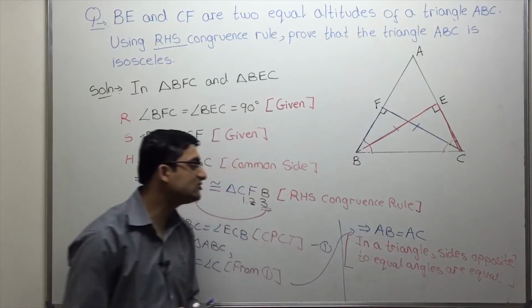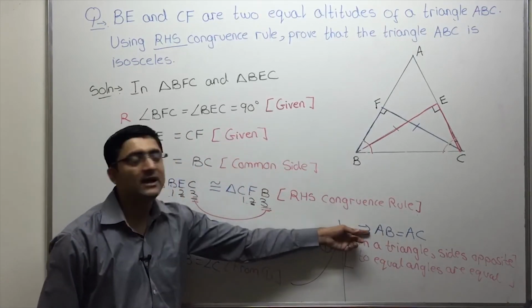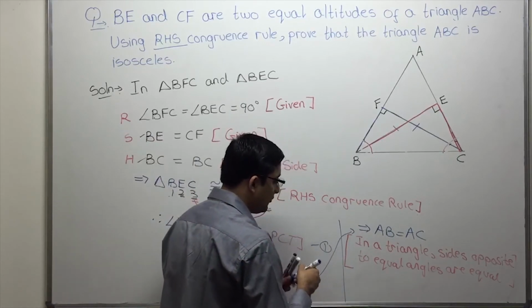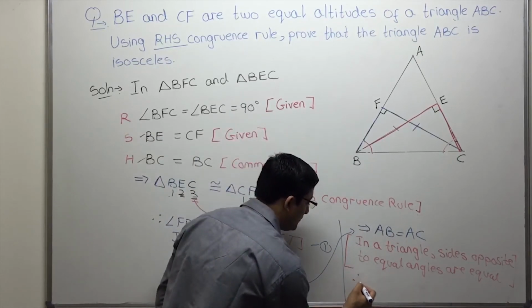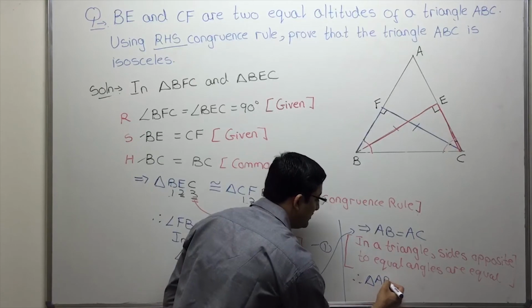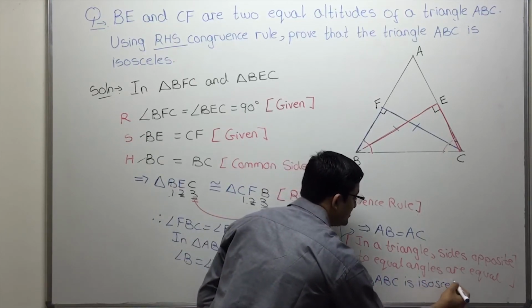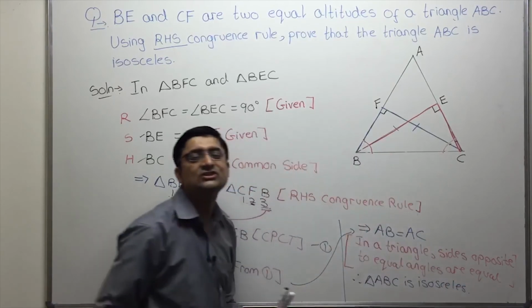In a triangle, sides opposite to equal angles are equal. This implies AB is equal to AC. That means the triangle is isosceles. So therefore, triangle ABC is isosceles. Hence proved. So this is how you solve this question.